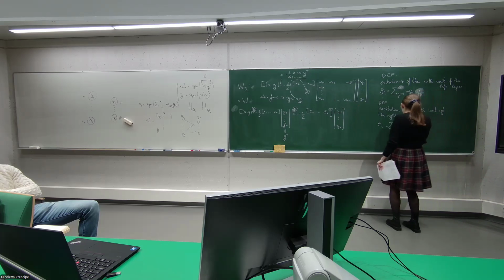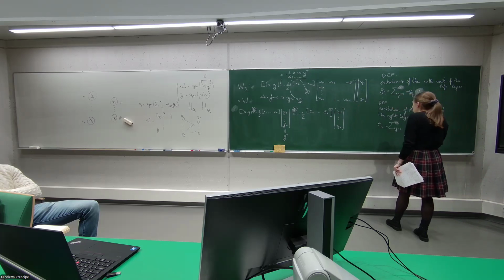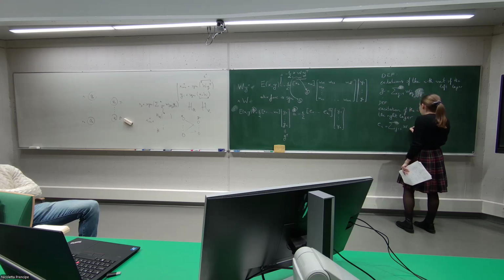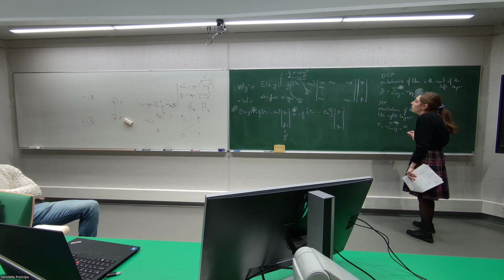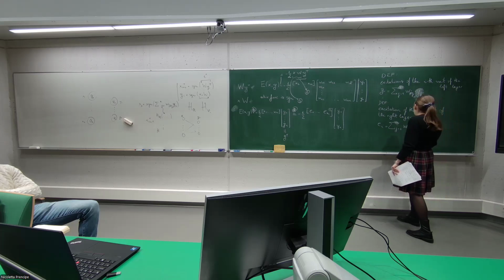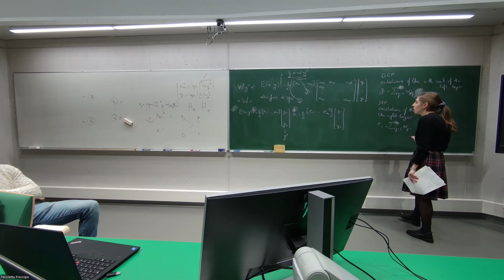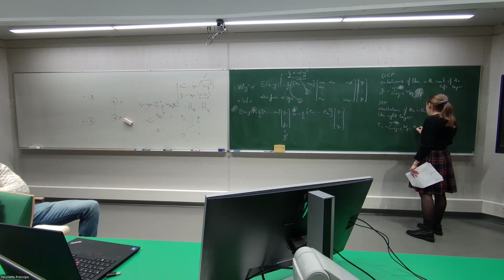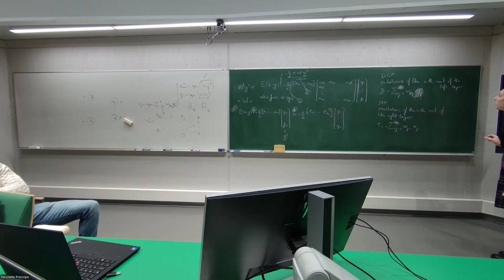This is wrong. It goes from 1 to N. Y. K. Yeah, 3Y, X, J. This should be correct, hopefully.